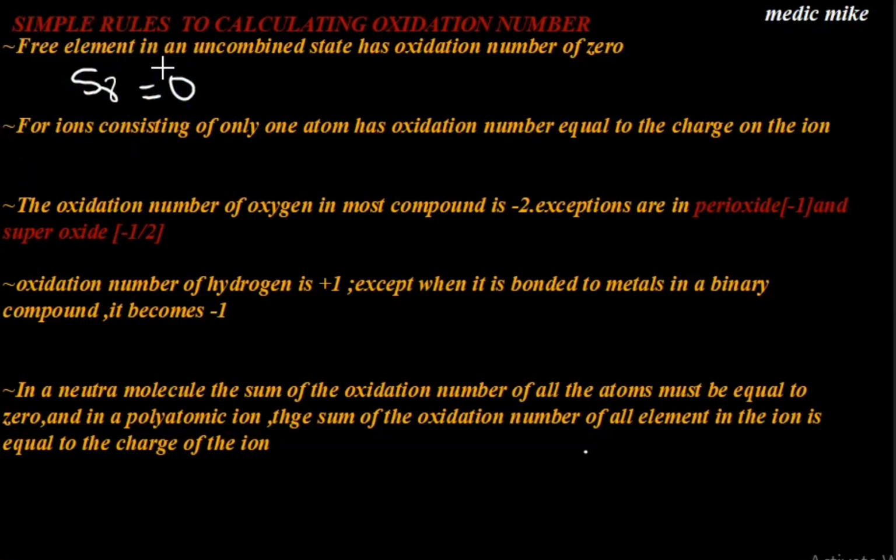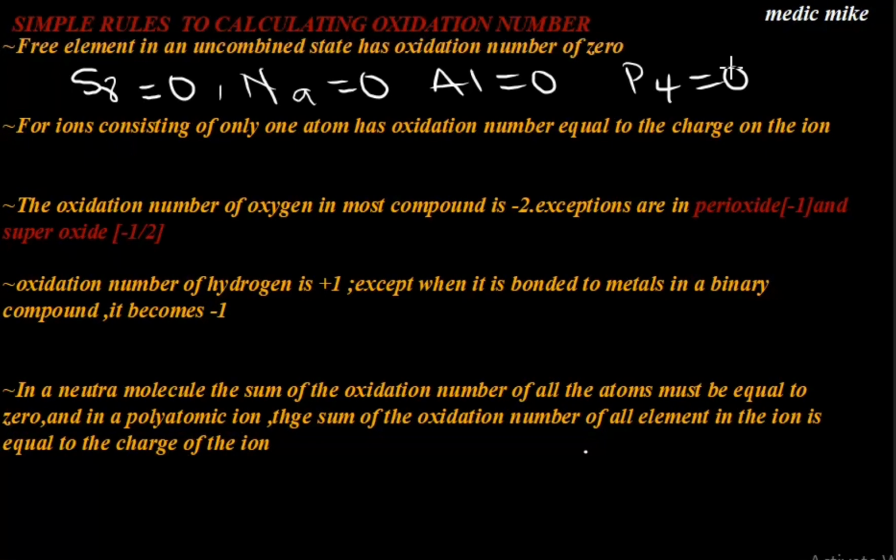You can take another example: free sodium is equal to 0, free aluminium is equal to 0, free phosphorus is equal to 0. So whether the atom is polyatomic or monoatomic or diatomic, it is sure to equal 0 as far as it is in a free uncombined state.